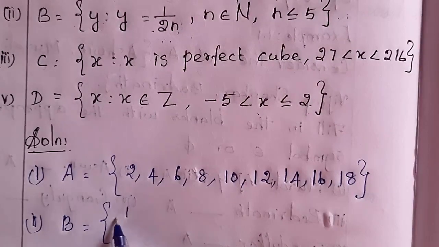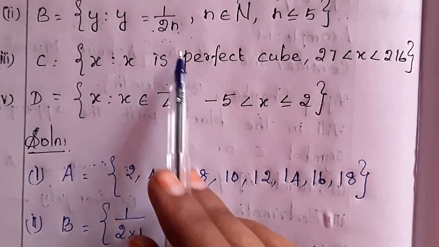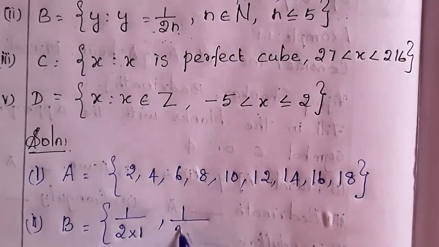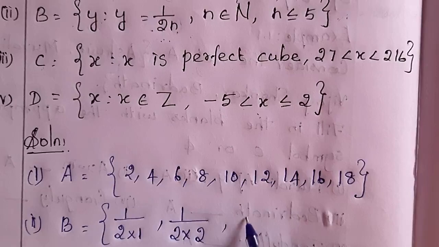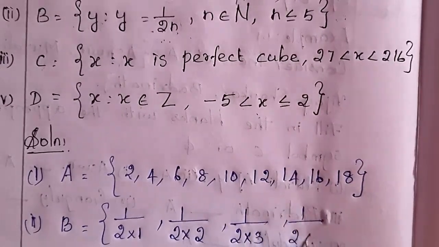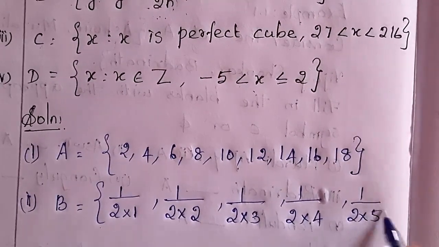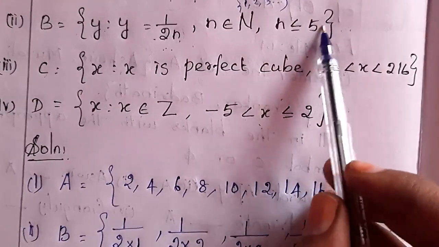First we apply 1 in the place of n: 1 by 2 into 1. Also 1 by 2 into 2, 1 by 2 into 3, 1 by 2 into 4, 1 by 2 into 5. That's all, because our n value is less than or equal to 5.